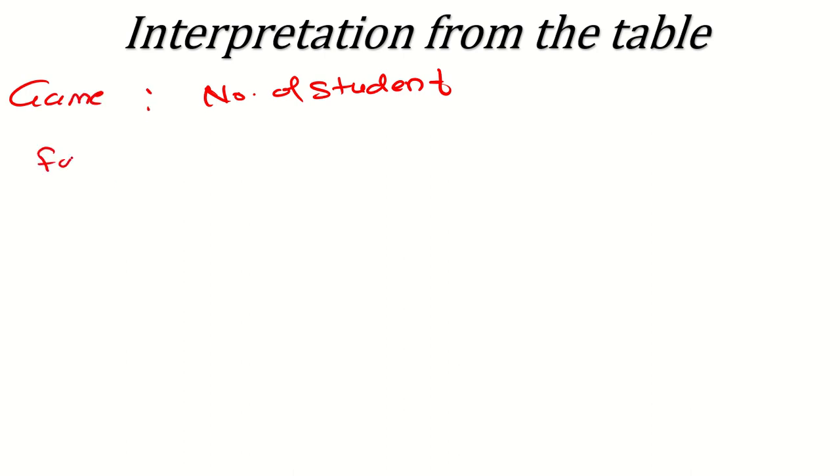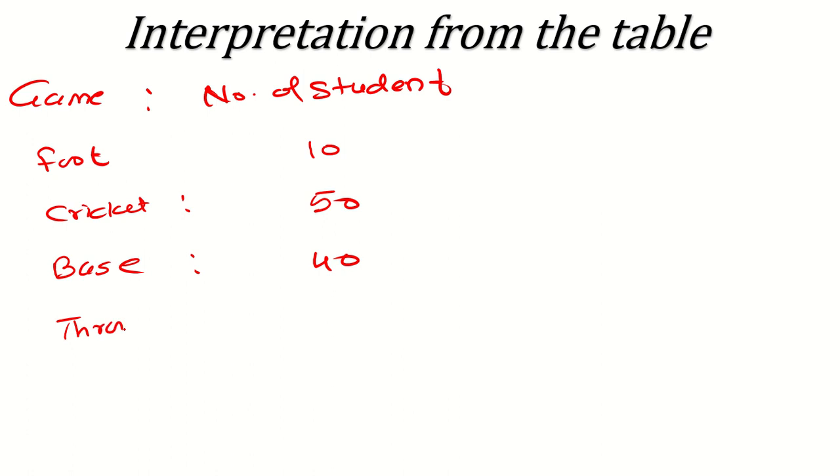Say football is liked by 10 students, cricket is liked by 50 students, baseball is liked by 40 students, and throwball is liked by 35 students.